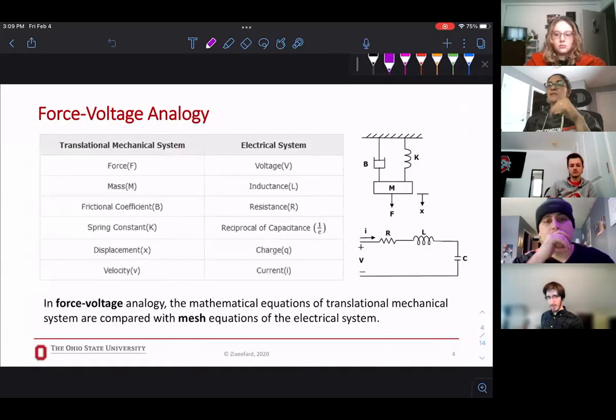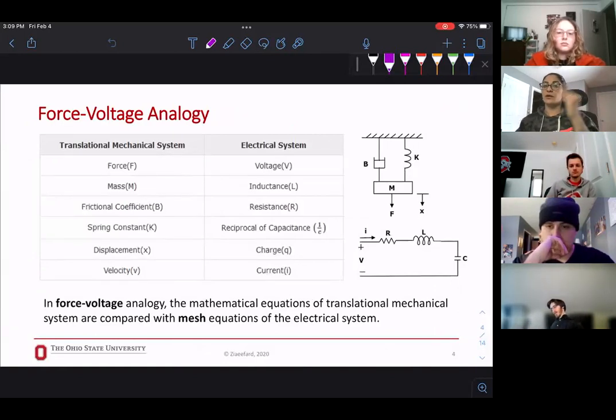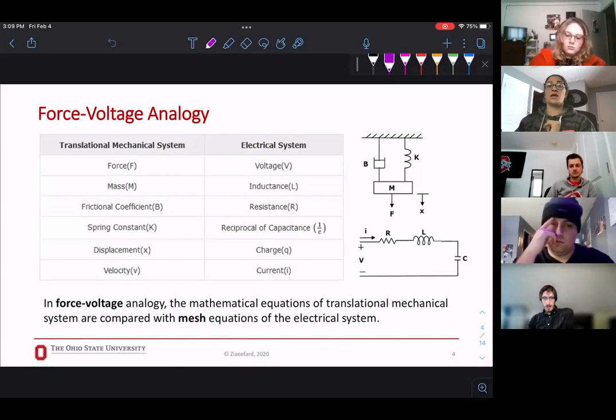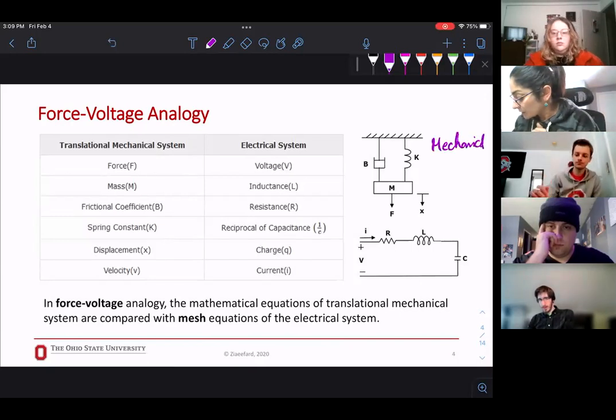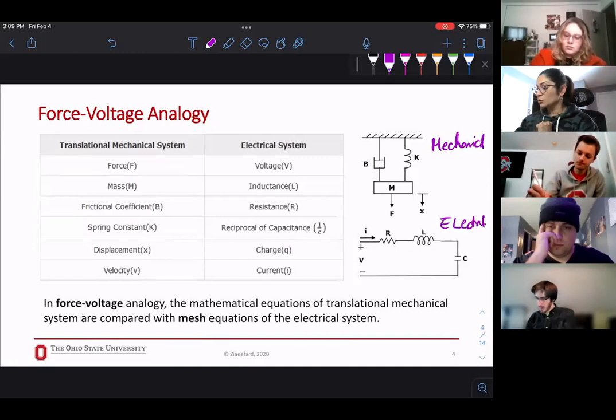Now, these next four slides are important. You want to go back to them if you want to use the analogies. So the force voltage analogy says that the two models that you see on the right, this one is a mechanical system, this is an electrical system, right? These two are analogous. If you derive their equations, they will be similar.